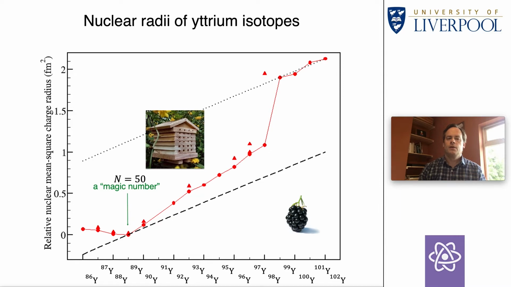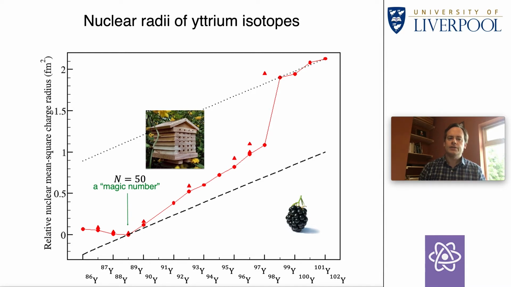Another important point of note is the yttrium-89 isotope, which importantly has 50 neutrons, and here there is often a dip observed in the radius. 50 neutrons is an important number in nuclear physics and is known as a magic number. Nuclei with magic numbers of protons or neutrons are particularly stable and spherical relative to their neighbours.